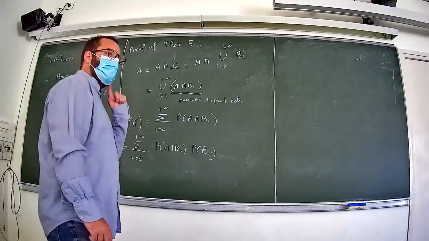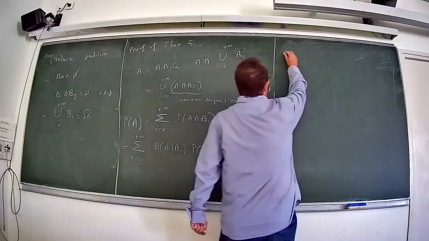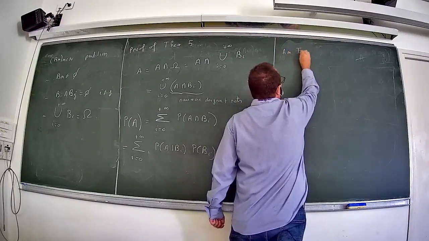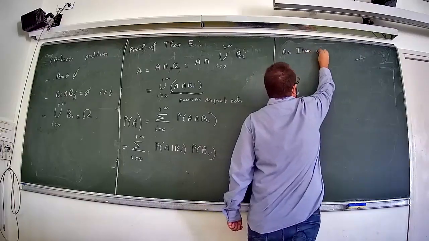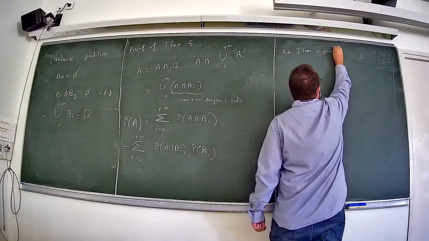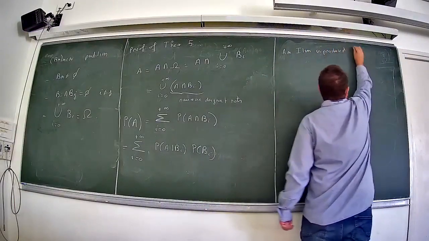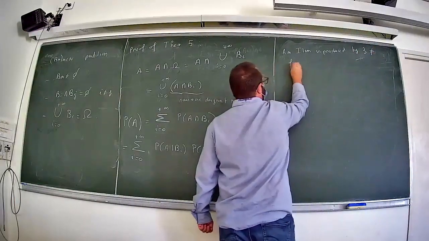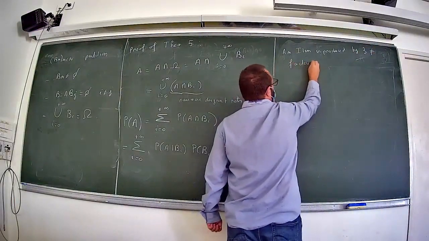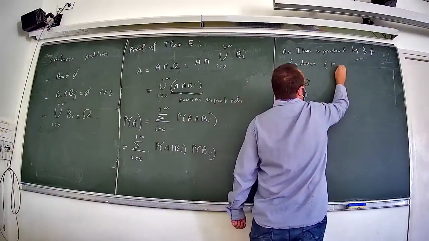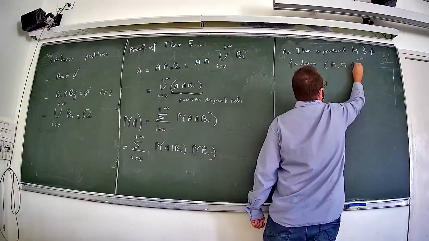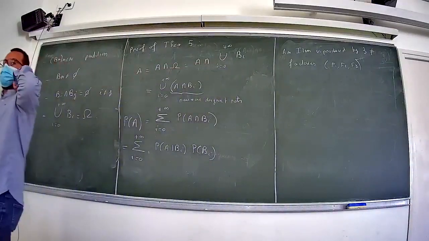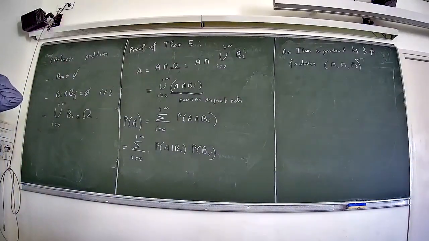So I can say the following. Suppose that you have an item, whatever, that is produced by 3 different factories. I call them F1, F2, F3: factory 1, factory 2, factory 3. The statement tells you the following.